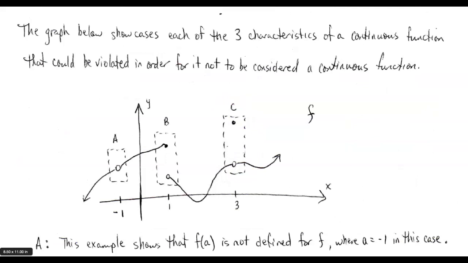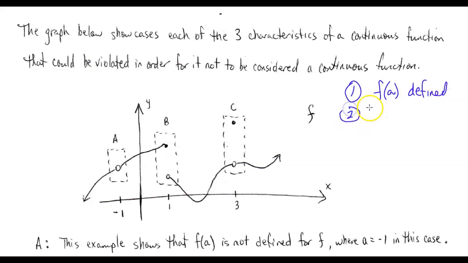All right, so the next thing that we're going to do, now that we have seen what continuity looks like graphically, as well as what it does not look like graphically, is we want to go over those 3 criteria again on what it takes for a function to be continuous at a particular x value or at a particular point. And we want to see what it looks like if we violated at least one of those criteria each. Okay. So of course, the first criterion is f of a is defined.